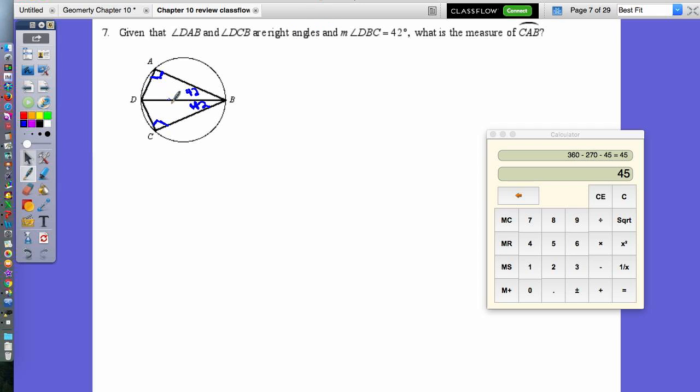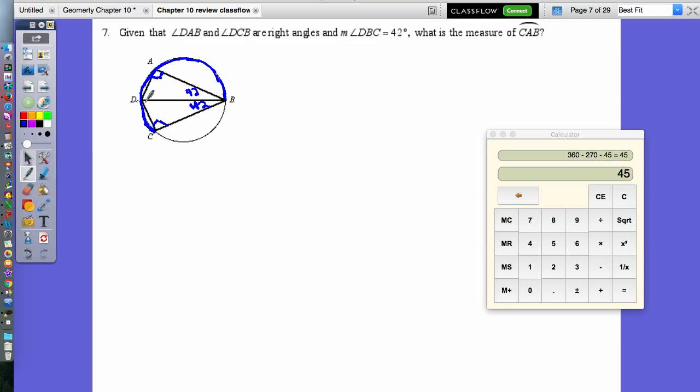So what is the measure of CAB? So I want the measure of arc CAB. Okay, so this is 180.